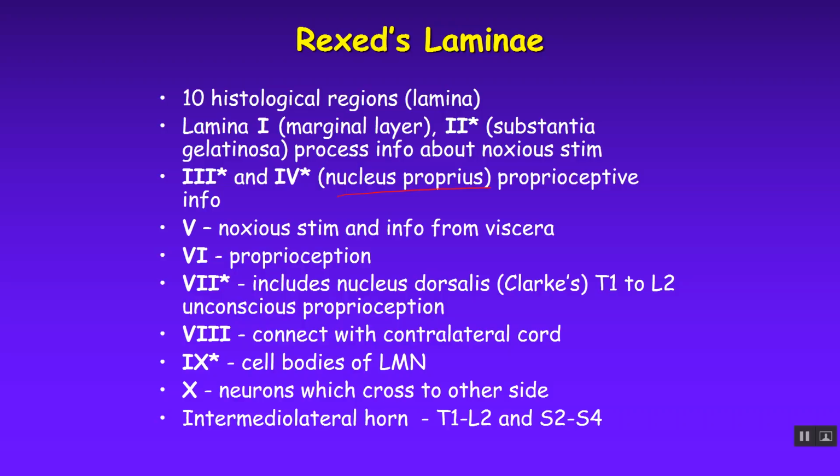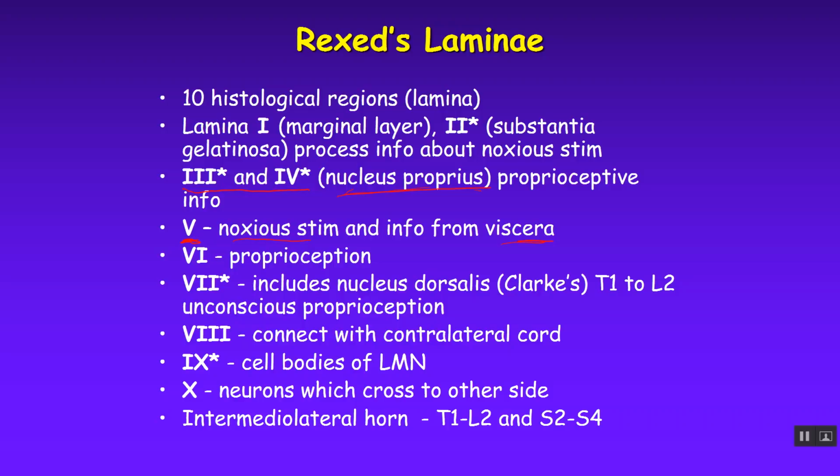So you've got this nucleus proprius. Makes sense. Nucleus proprius, proprioceptive, okay? That includes basically lamina 3 and 4 essentially make up this thing called the nucleus proprius. Lamina number 5, that's mostly noxious information from the viscera, okay? So remember in the past we did talk about with pain and temperature, we talked about lamina 1, 2, and 5.